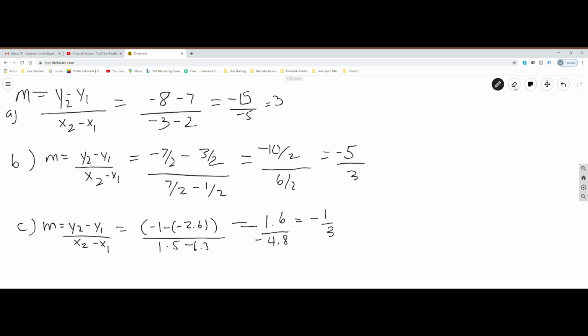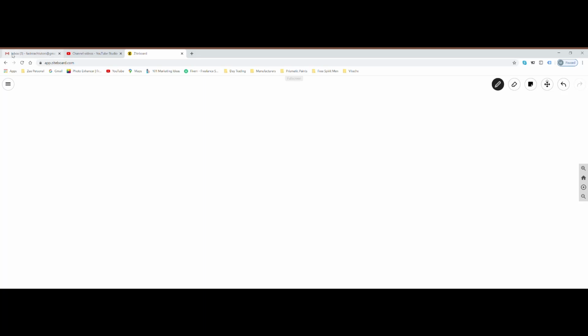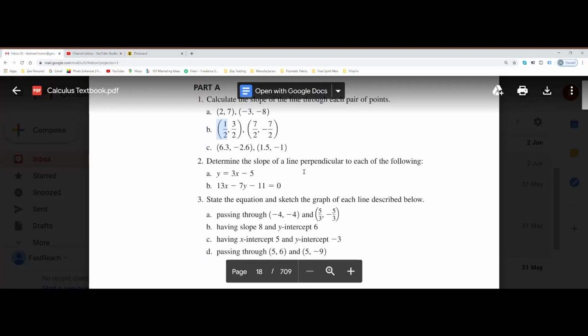Let's look at question 2. Determine the slope of a line perpendicular to each of the following.